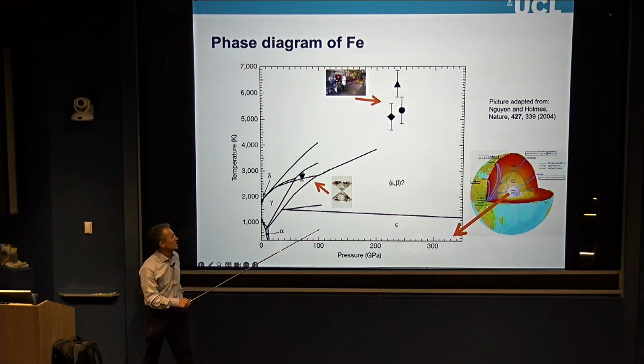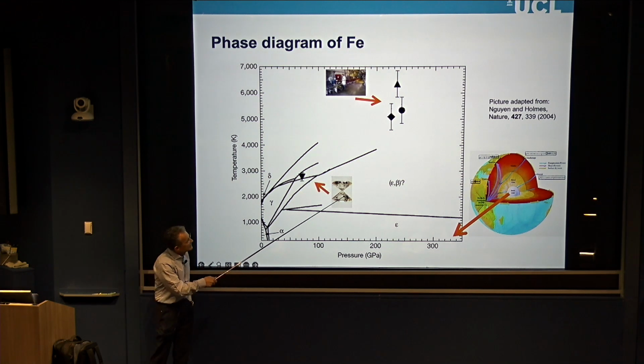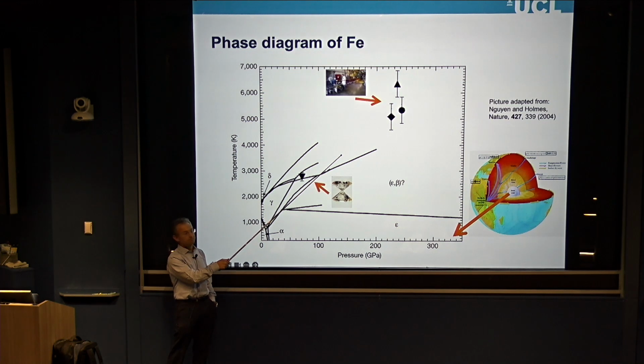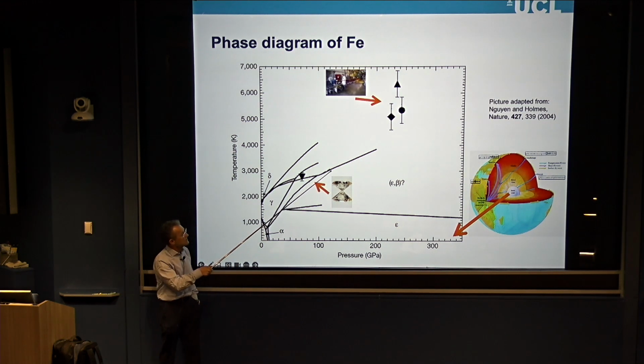Then as you increase the temperature, eventually you melt the material. This line represents a separation between a solid and a liquid, and this line here also represents a solid-liquid interface.